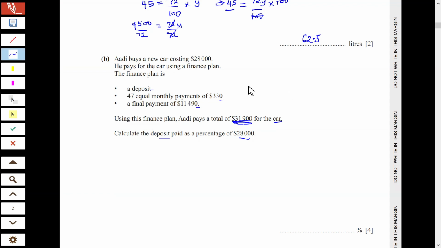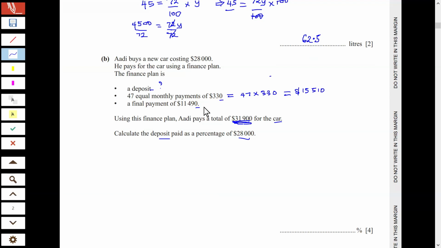But before we do that, the deposit is unknown. 47 equal monthly payments of $330 will be 47 times 330. If you multiply 47 by 330, you should get $15,510.